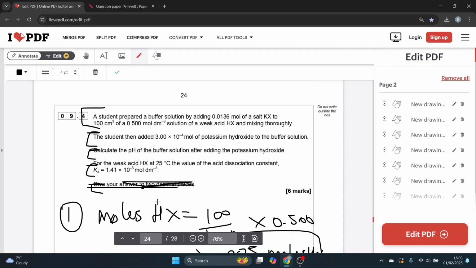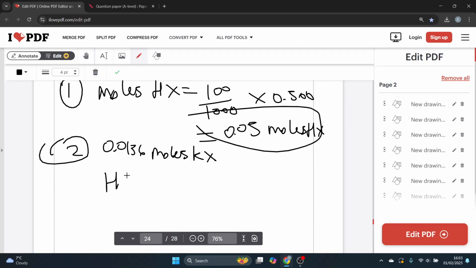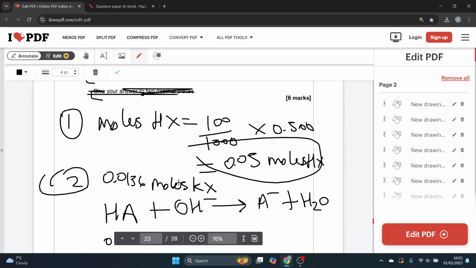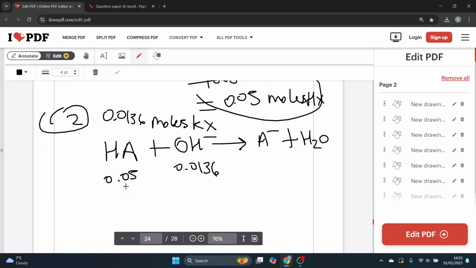KX of the salt. So I'll say HA plus OH minus gives A minus plus H2O. In this case, 0.05 HX of the weak acid, the salt 0.0136. Which one's bigger? It's obviously going to be 0.05. So it's going to be 0.05 minus 0.0136.